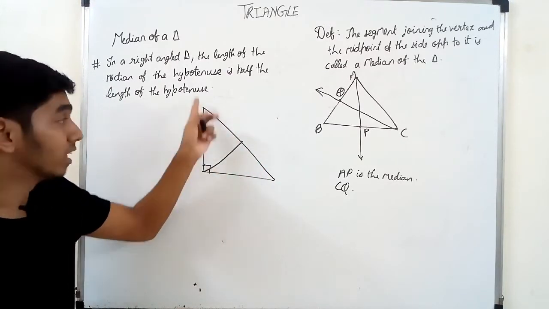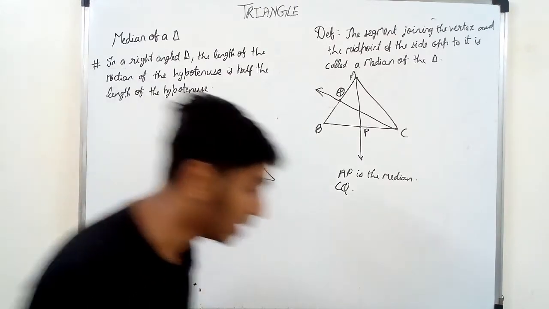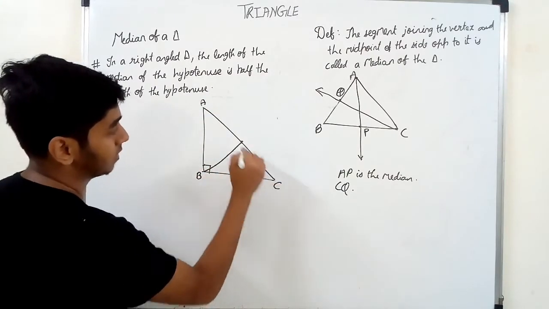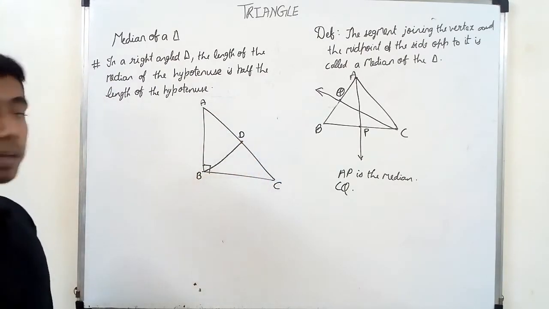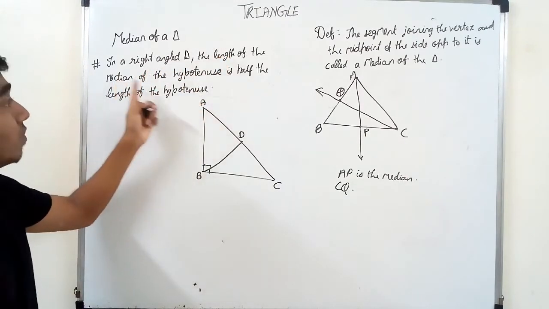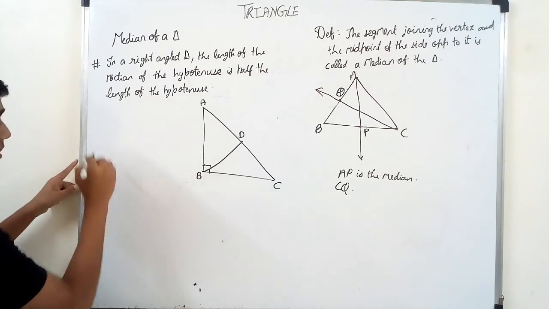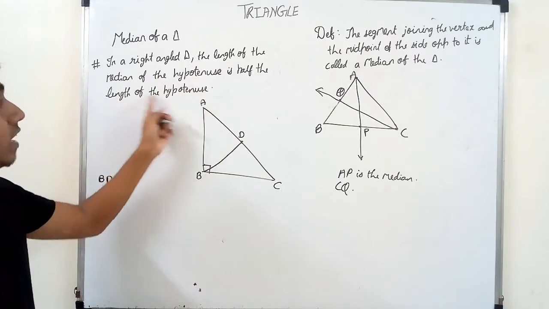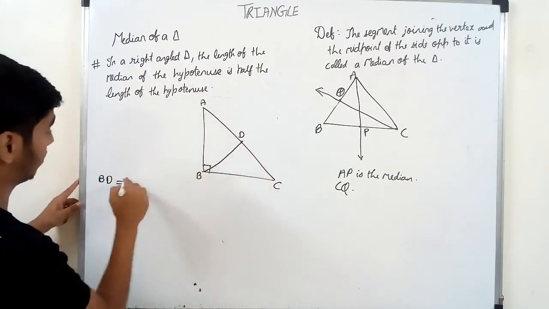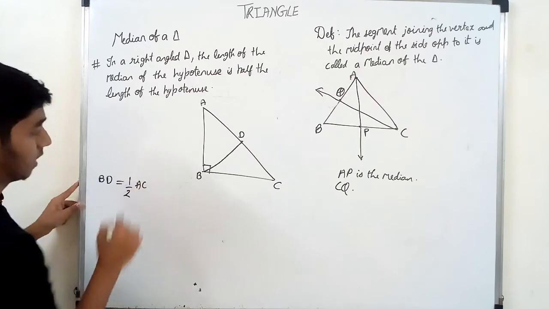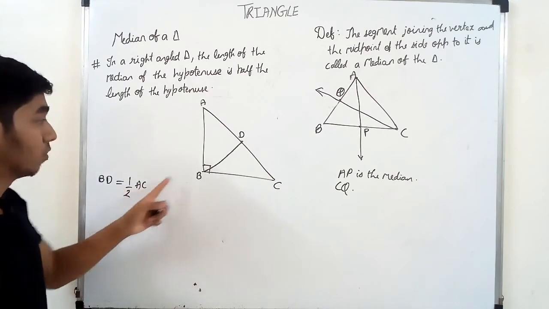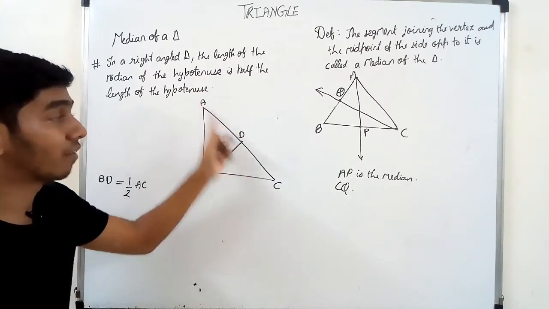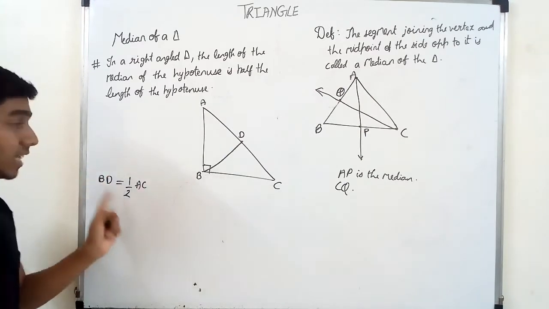Because this is 90 degree, therefore this will be the hypotenuse. Let's name this as A, B and C, this as D. So the length of the median BD is equal to half the length of the hypotenuse, half of AC. We need to prove that BD, which is the length of the median, is equal to half of the hypotenuse.